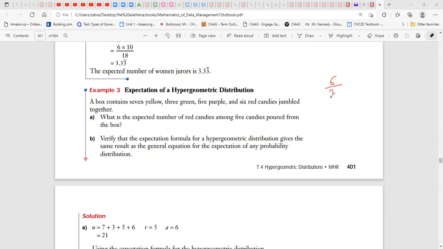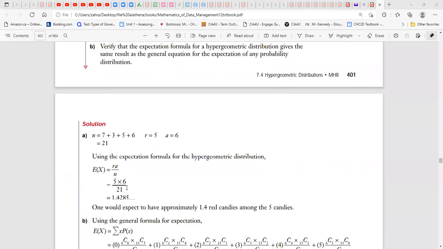You will get 21. Now, since I want to find 5, my number of events is going to be 5. So it's going to be 5 multiplied by that. Remember that it was r, a divided by N. This is a, your success is red, N is the total, and 5 is your number of events. This is what we have, 5 multiplied by 6 divided by 21, 1.4.